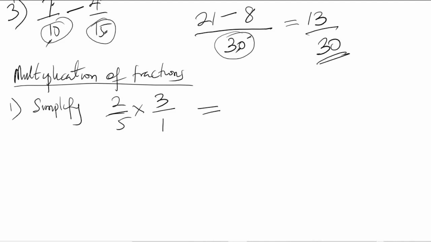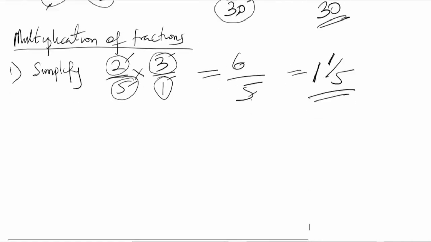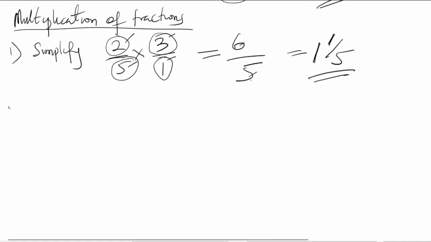So to simplify it is very easy and straightforward. You just multiply the numerators together and you multiply the denominators together. So 2 times 3 is 6 over 5 times 1 is 5, which will be 1, with a remainder of 1 over 5. Simple. Let's look at another one.